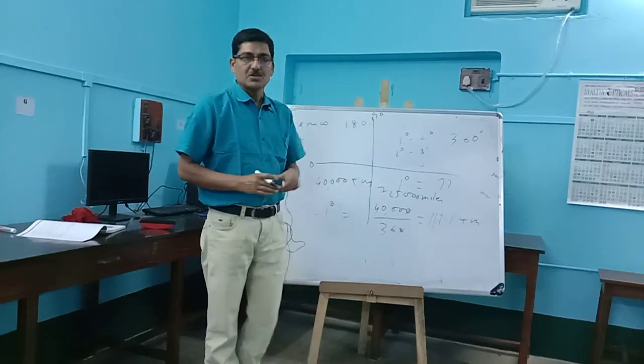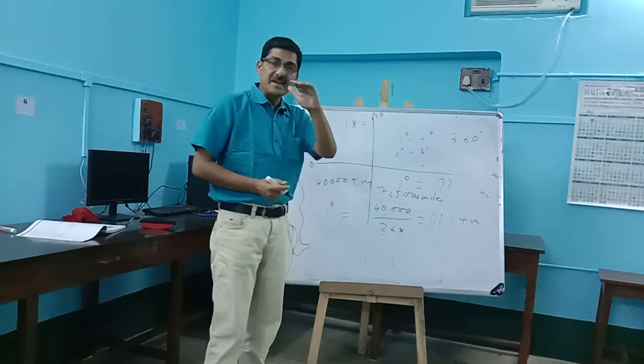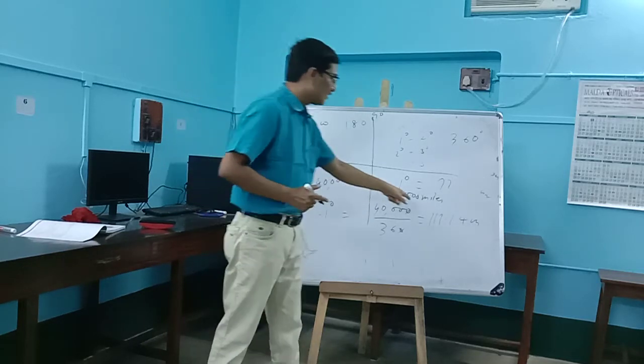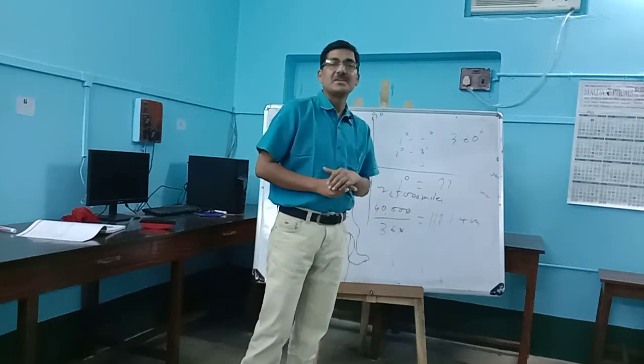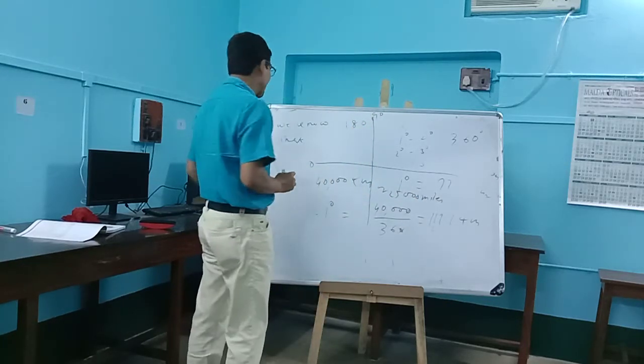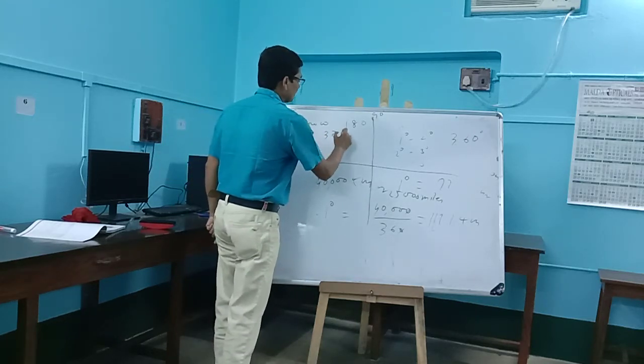When we move from 1 degree to the next degree, we are walking 111 kilometer.